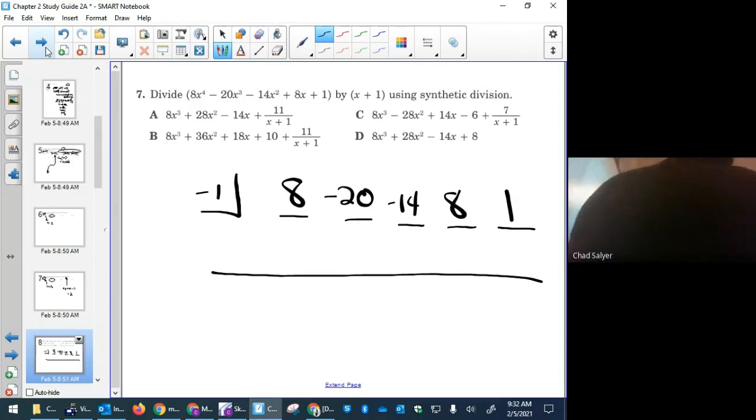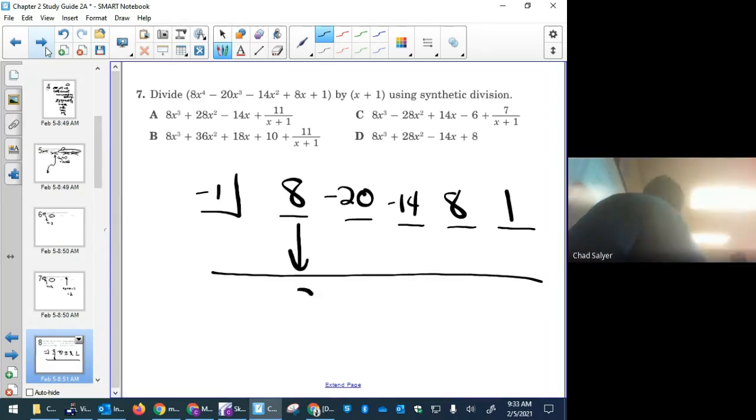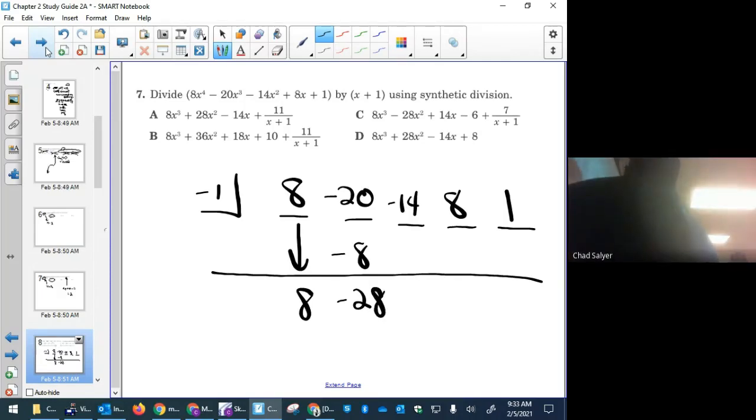Now be careful, because if this is not in standard form, I'm not going to do that to you on a test, but you might encounter one on the ACT or sometime in the future where the terms are not in standard form. So double check that. Also, especially look out for missing terms where you got to use a 0. Okay, so 8, -28, +28.